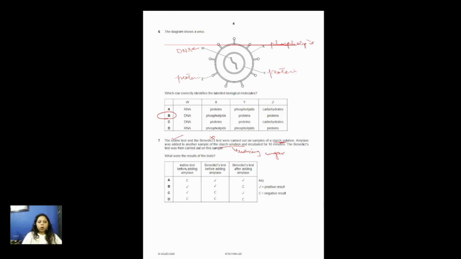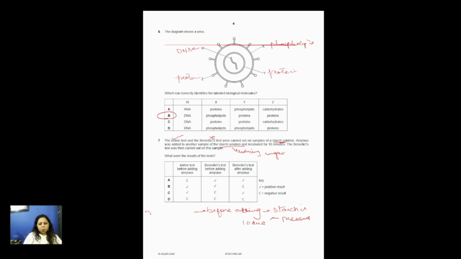So first of all, before adding amylase, definitely the test would be positive. Before adding means starch is present. Let me explain here. Starch is present, so starch will show which result? Iodine.